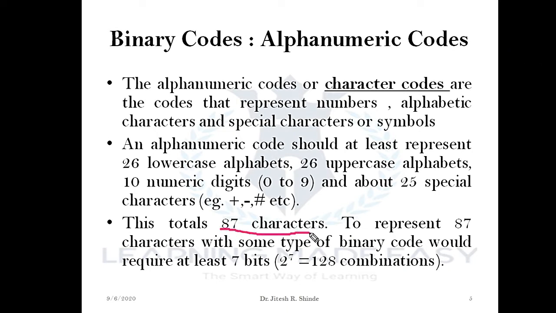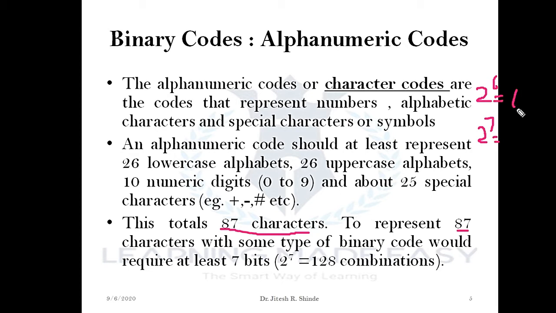To represent 87 characters with some type of binary code, how many binary bits are required? 2 to the power 6 comes out to be 64.